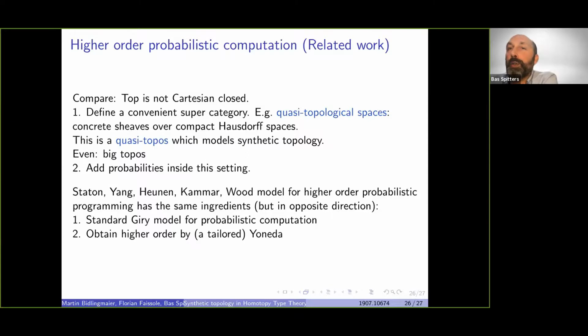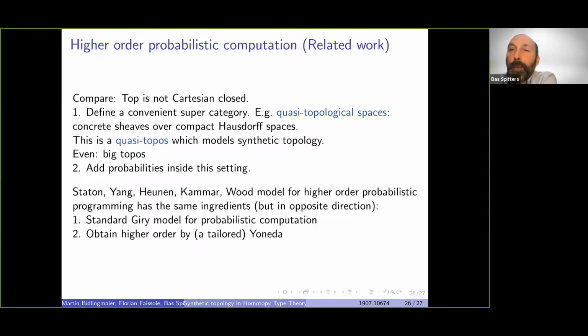So what we first do is we define a convenient supercategory. For example, quasi-topological spaces, which would be concrete sheaves over compact Hausdorff spaces, and this would be a quasi-topos. But this is very similar to the big topos. So the big topos is, again, a convenient supercategory of topological spaces. And then once we've done step one, we actually add probabilities to this setting.